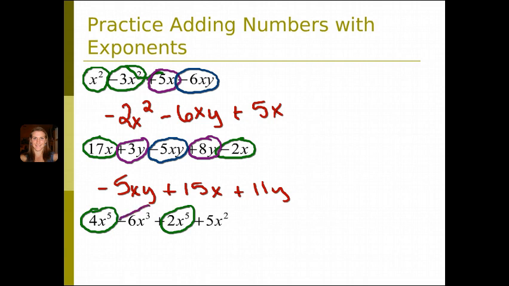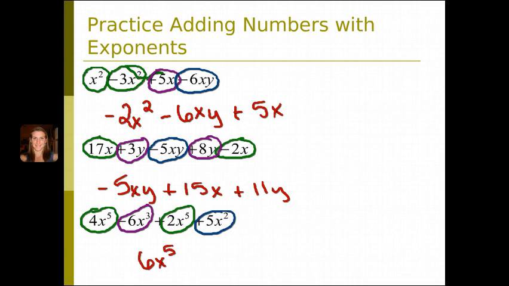Negative 6x to the third does not combine with anything, nor does 5x squared. So when we write this out, 4x to the fifth plus 2x to the fifth gives us 6x to the fifth.